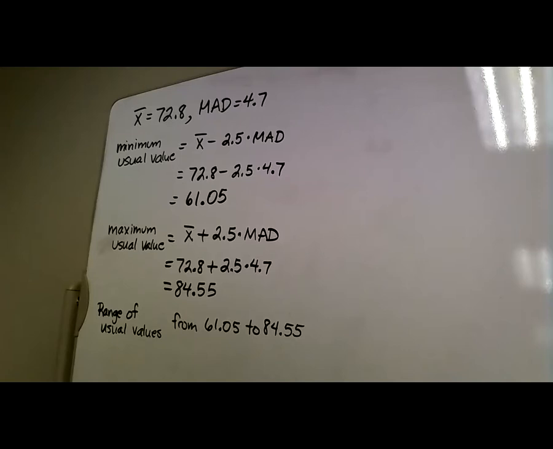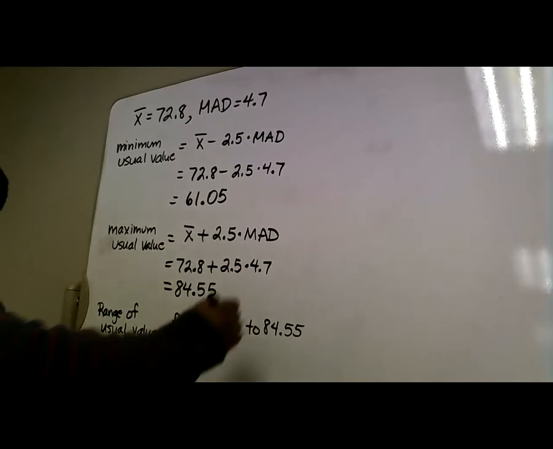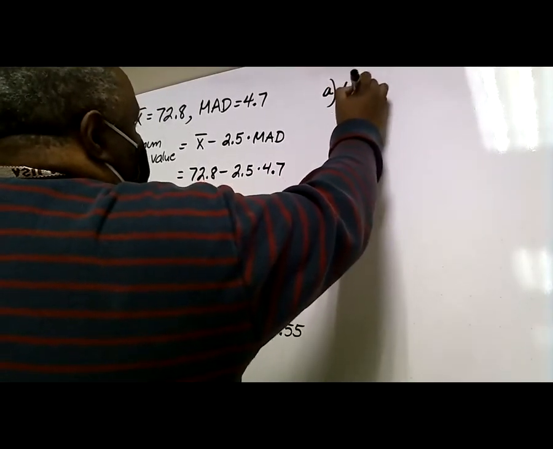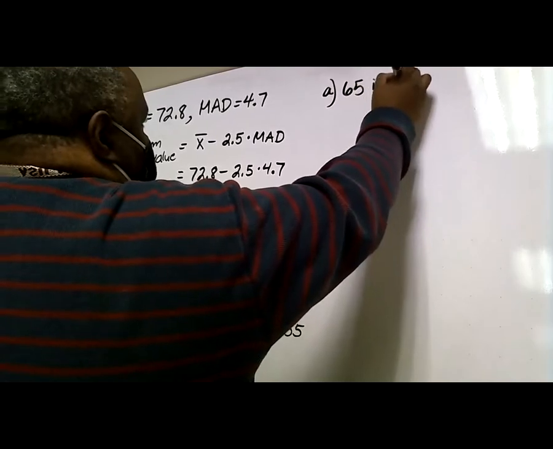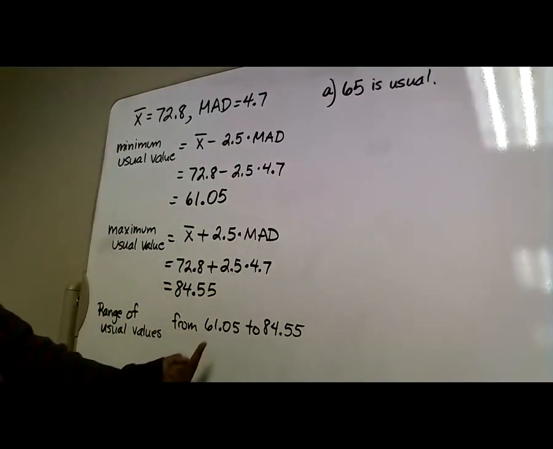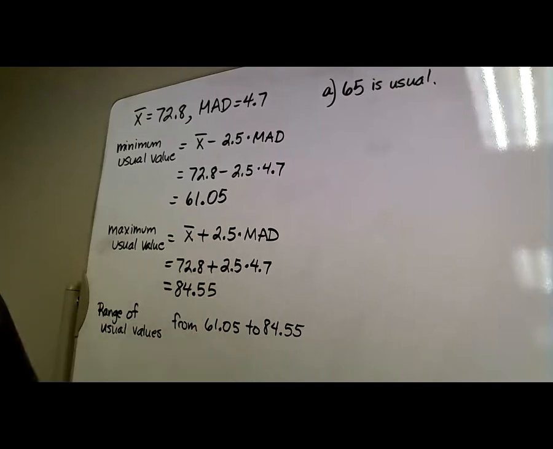So now in part A, would a score of 65 be usual or unusual? It is usual. So the answer to part A, 65 is usual because 65 falls between 61.05 and 84.55.